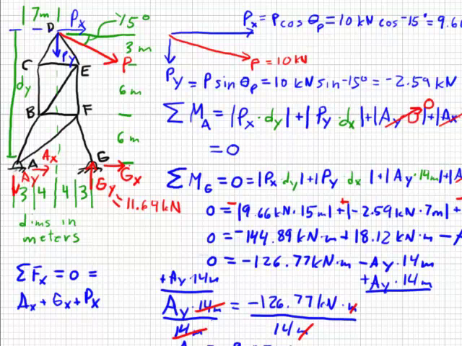Problem here is I have one equation and two unknowns. I have Ax and Gx as unknowns. I have Px up here, but I need another equation to determine Ax or Gx.